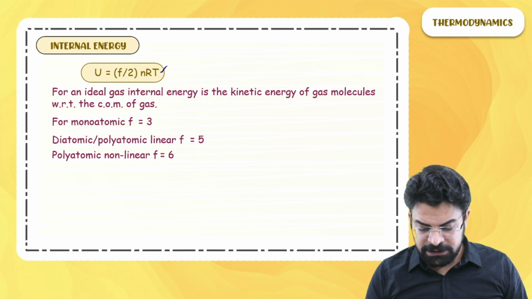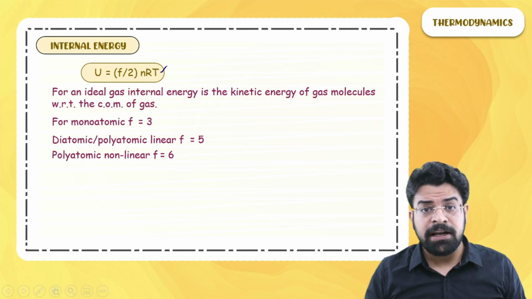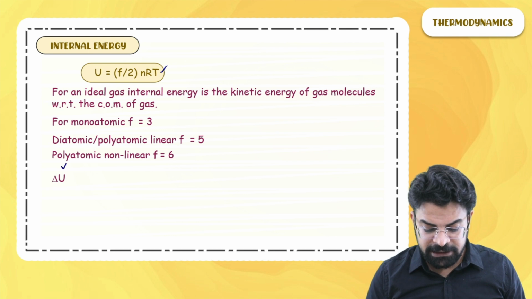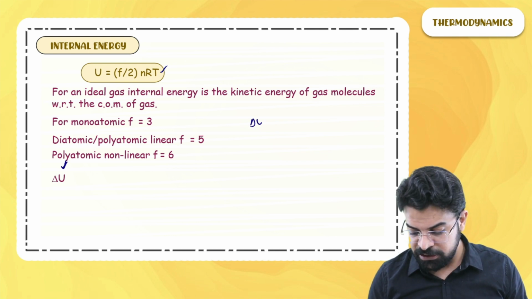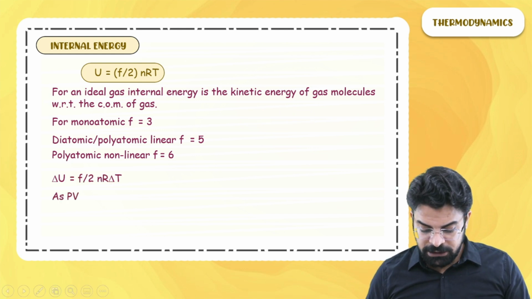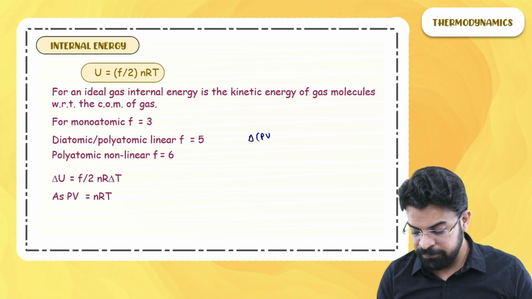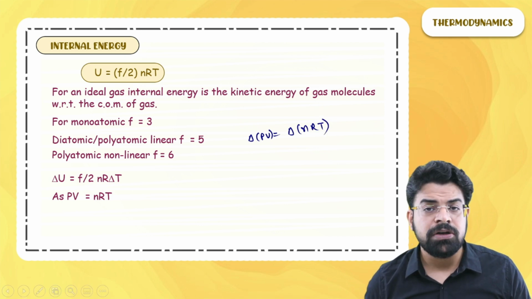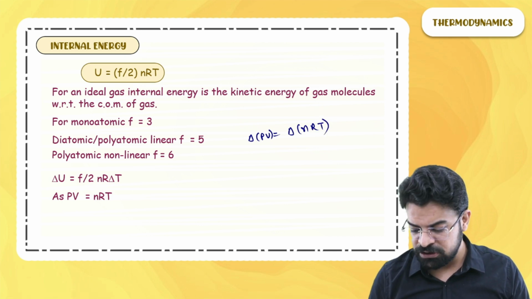Now beta, since we know that nRT can also be written as PV, we can write the change in internal energy equals f/2 nR ΔT. As we know PV equals nRT, we can write the change in PV equals the change in nRT. Usually the number of moles and the gas constant do not change.